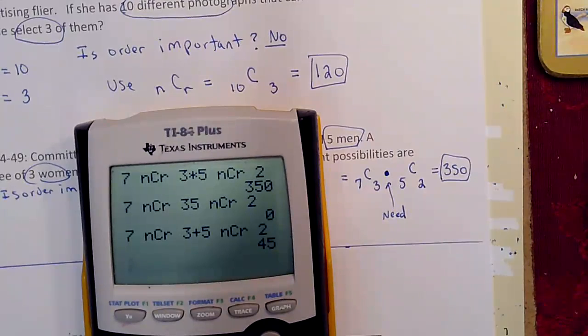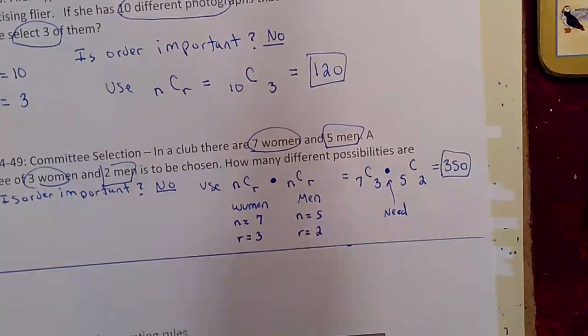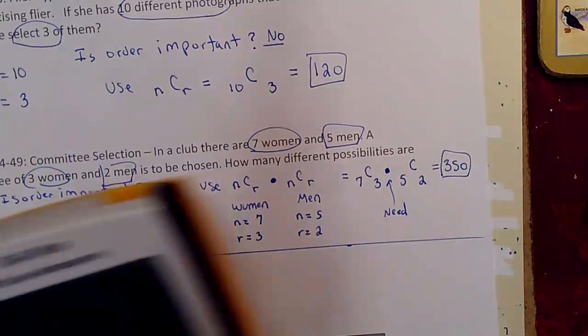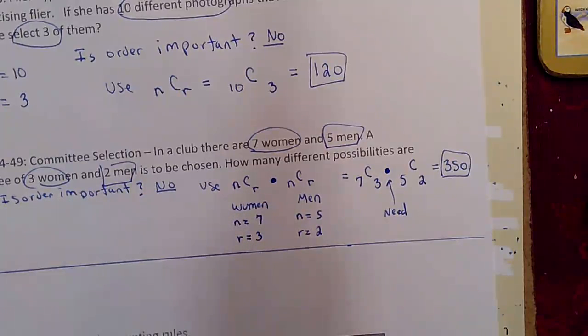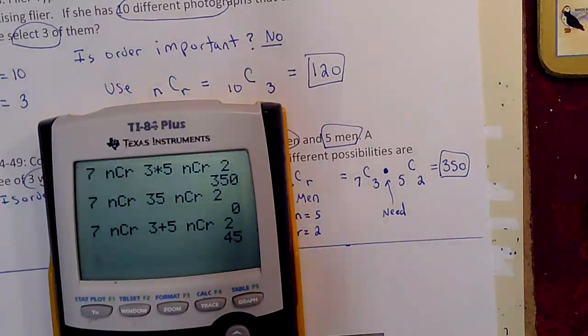If you think it through and imagine, last time I had little tokens for the seven women, and then you're selecting 3. If you go through that, you're supposed to get 350. This would only give you 45, so you'd be shy quite a bit.